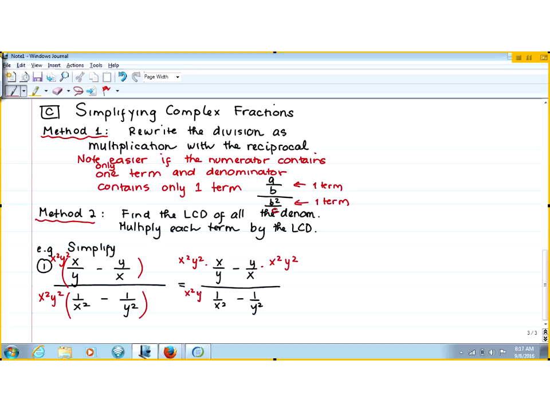Here I multiply by x squared y squared. On the bottom, same thing. And this one is x squared y squared. All right. So when I multiply, what do I have now? Which one cancels? The y. So we have what on top? X cubed y, that's it. Right? Okay. Minus.